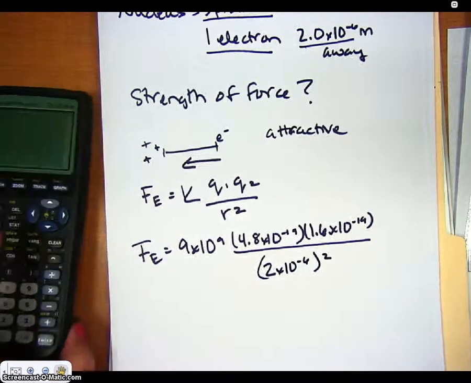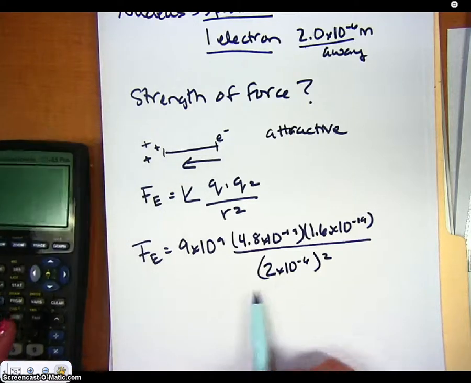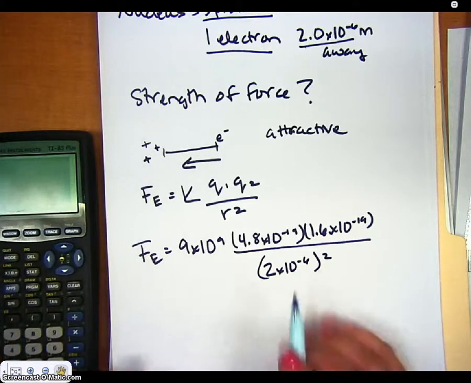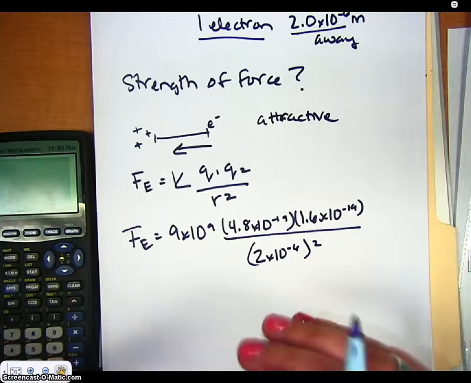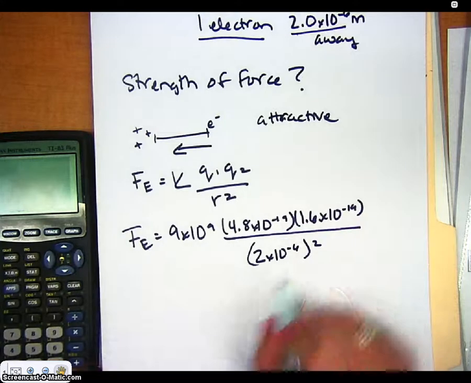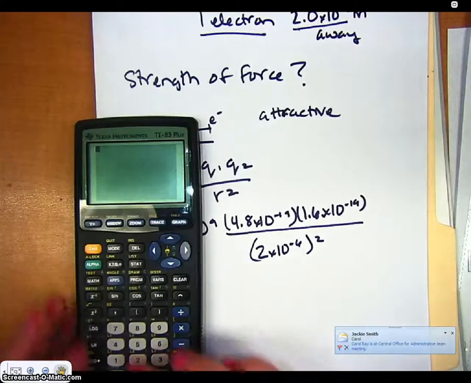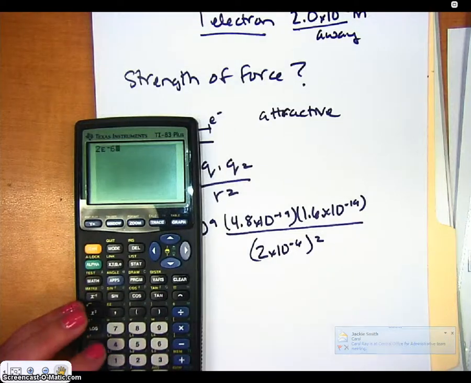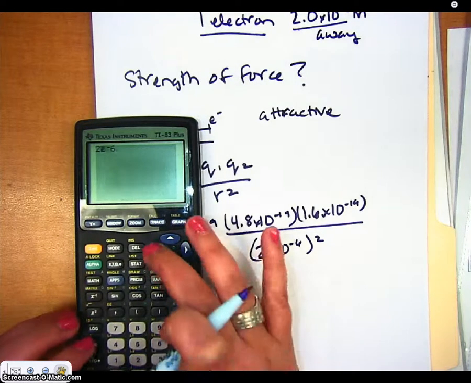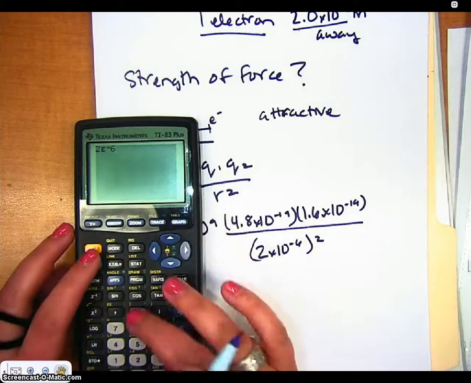Okay. Now, what I like to do, just so that I don't mess up on my calculator and not use my parentheses right or something like this, is I'm going to plug this in first and just record it to make it easier. So let's do 2e to the negative 6, and let's insert some parentheses here.